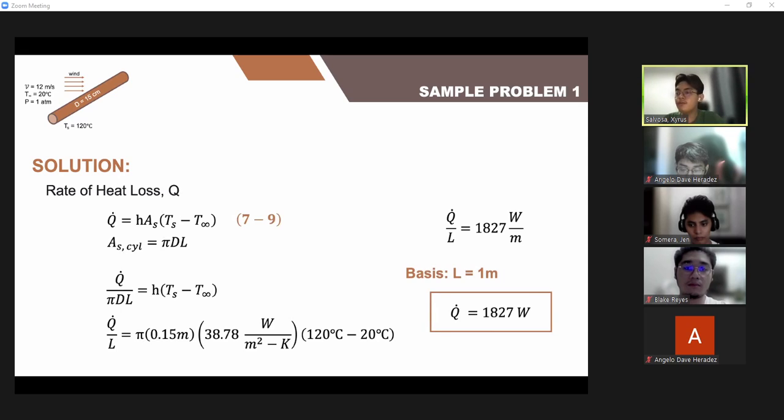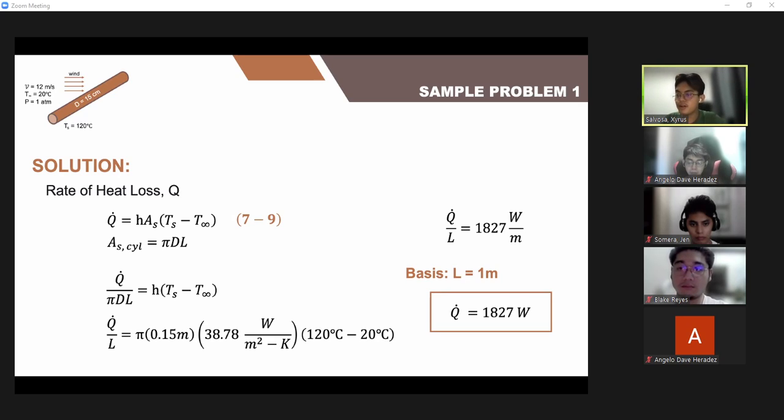Finally, we solve for the rate of heat loss from the pipe per unit of its length using Equation 7-9 from Cengel. Take note that As refers to the surface area of the steam pipe, which is cylindrical in shape. Therefore, As is equal to pi D L. This is substituted into the formula and derived in order to arrive at the equation as shown on the screen.